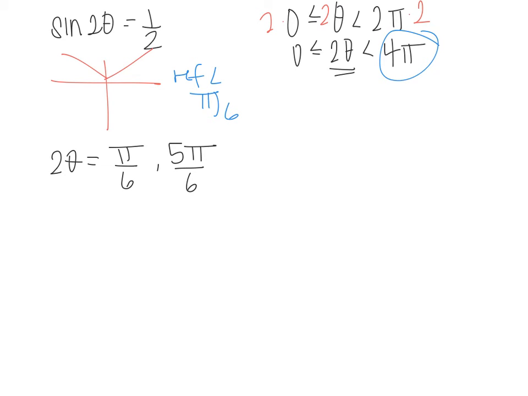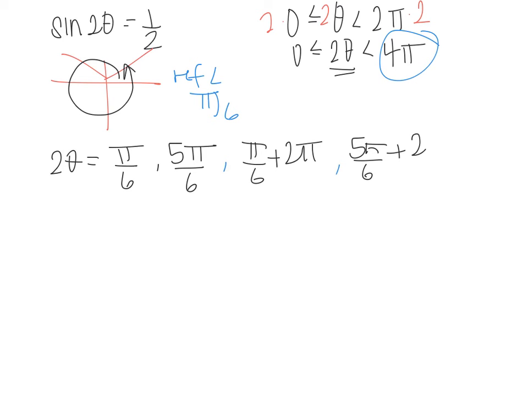So I'm going to add another revolution to pi over 6. That's going to get me back to this angle here, that terminal ray, and then I'm going to add the same thing to 5 pi over 6. I'm going to add a revolution, and so again, that's going to actually take me back to that terminal ray in the second quadrant. And so let me just simplify that.